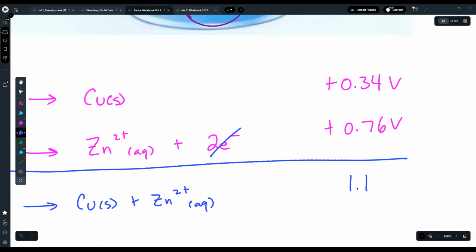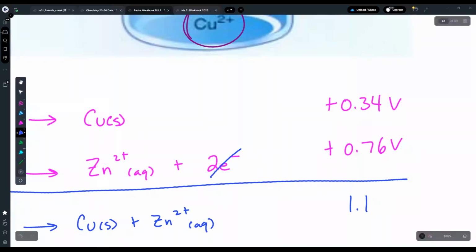But since we're adding, we need to apply adding and subtracting sig-dig rules, which are different from multiplying and dividing sig-dig rules. Adding and subtracting sig-dig rules tell you to go to the least amount of significant digits after the decimal.